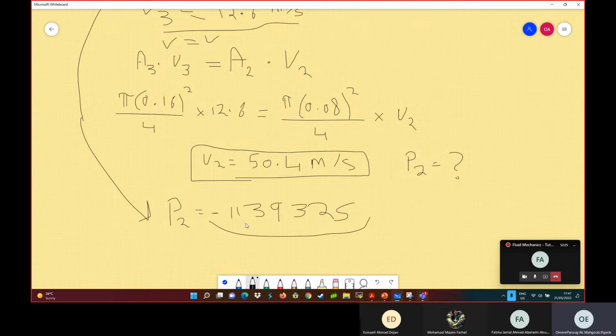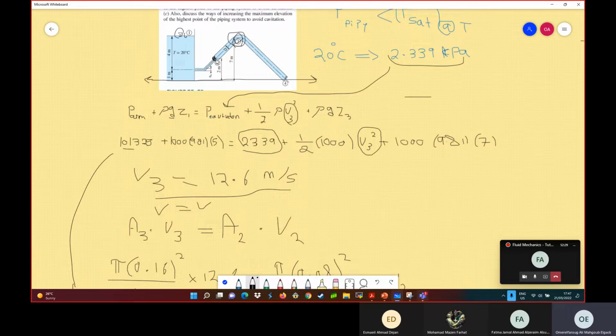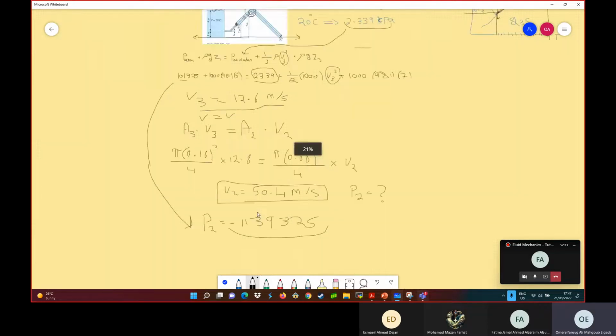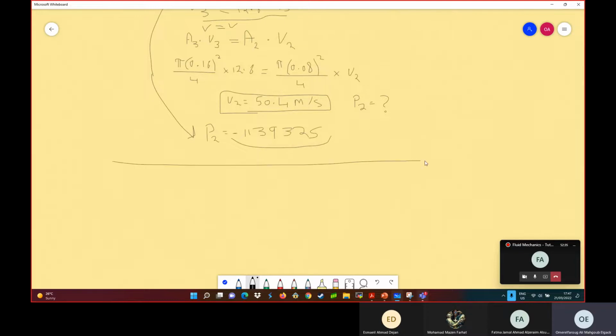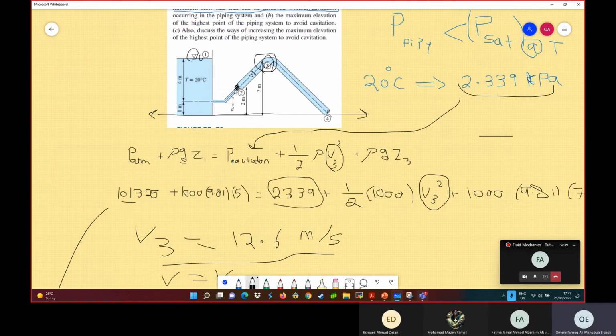What does that mean? That means 0.2 is the point associated with the lower value of the pressure. Therefore, I need to repeat the calculation from the beginning. Now I'm sure that 0.2 is the point associated with the lower pressure, and therefore cavitation will occur there.